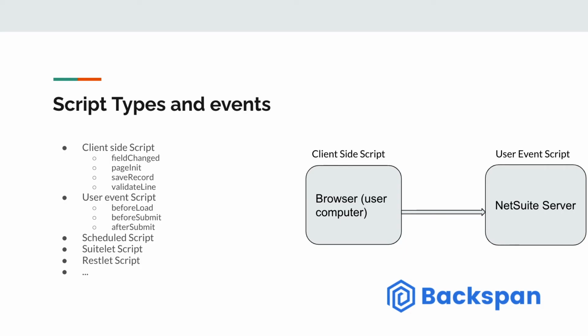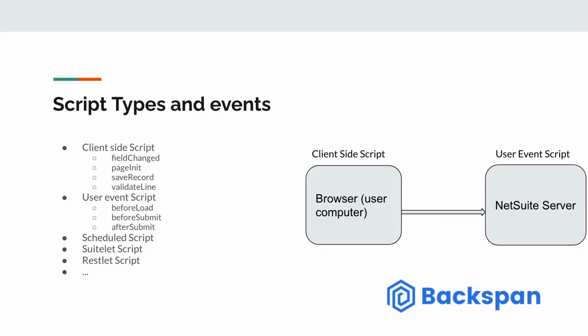So let's say that you want to show a pop-up on the screen. This is a client-side script because you need to show this pop-up on the client side, on the browser. So this has to be executed as a client-side script.